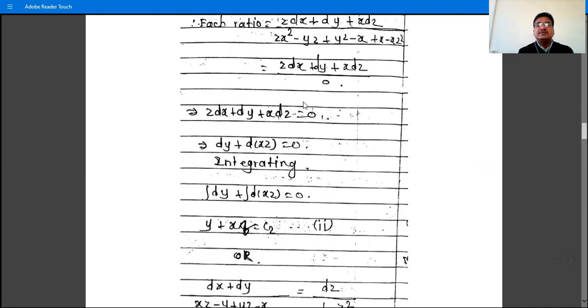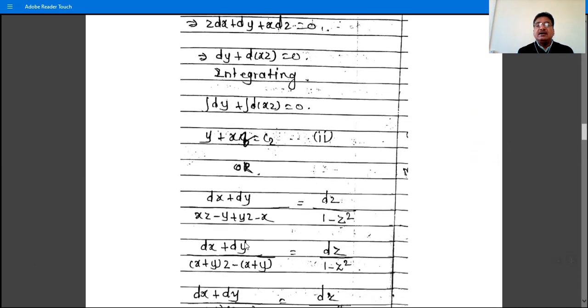Again, this z dx + x dz is the derivative of x into z, and therefore after integration, what do we have? Integration of dy is y, integration of d(xz) is xz, equal to c2. Okay, so this is the second solution.